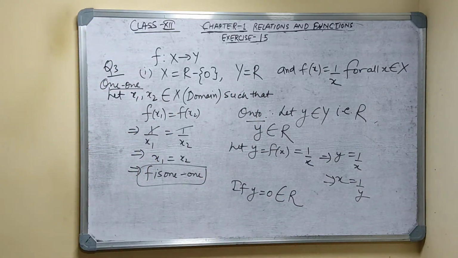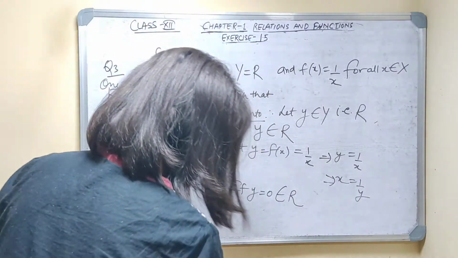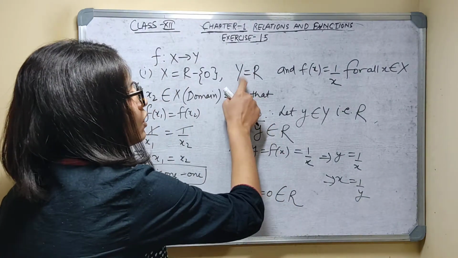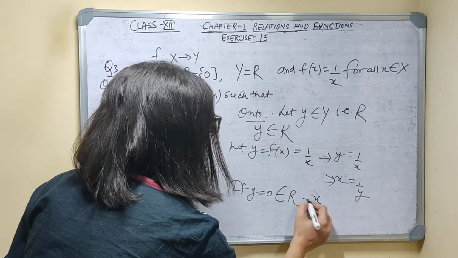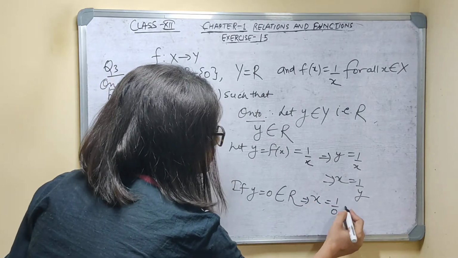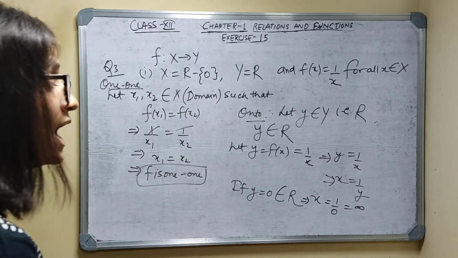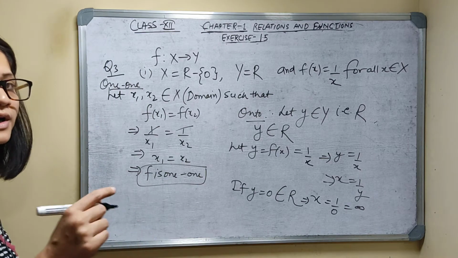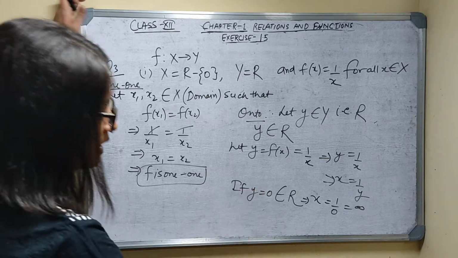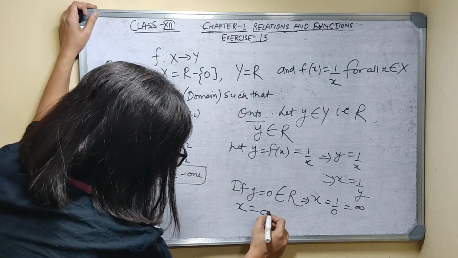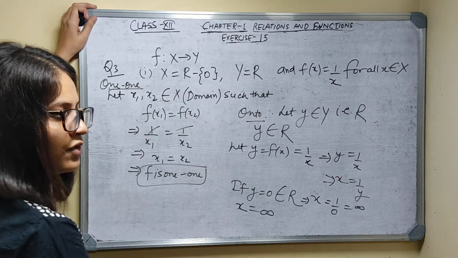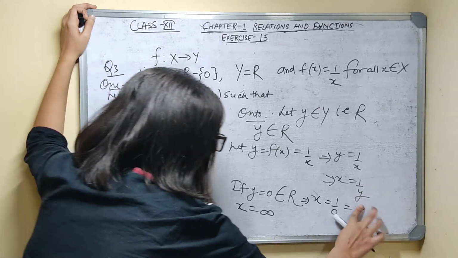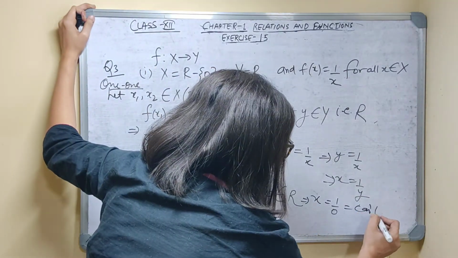If I take 0 as an element, y is equal to 0, which belongs to R, from the codomain, then x will be 1 by 0, which is infinity. X is equal to infinity is not a real number. It's an idea. So we can't define this. X is equal to 1 by 0 is equal to infinity, or we can say it can't be defined.